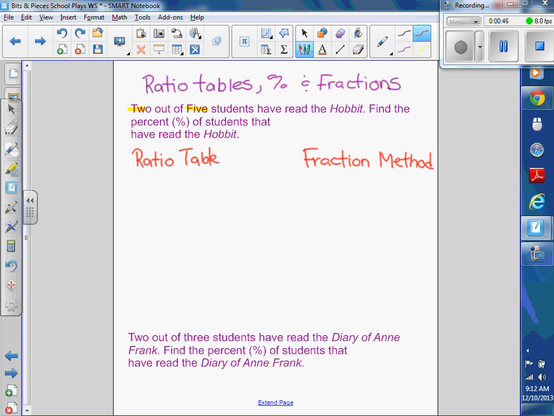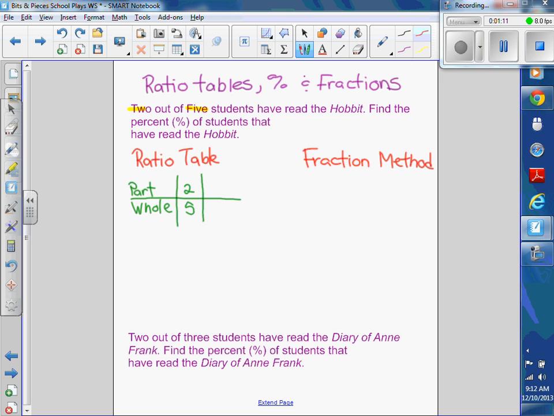Sometimes one works nicer than the other. So if you know both methods, you can pick the best method. So the ratio table method is doing a part to whole comparison. So 2 out of 5 students have read The Hobbit, but I want to figure out what percent.